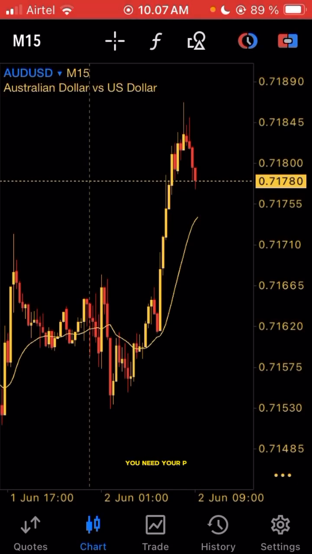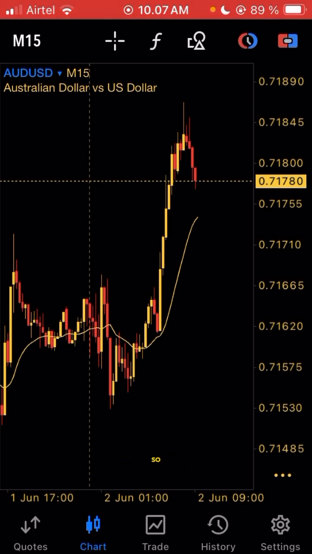You need your pairs, and you need the session to trade those pairs. You can focus on 2 pairs, 3 pairs, maximum 3 pairs. But if you are much stronger when it comes to trading, like you are much more professional, you can go for more, but it depends on how much your strength can carry.